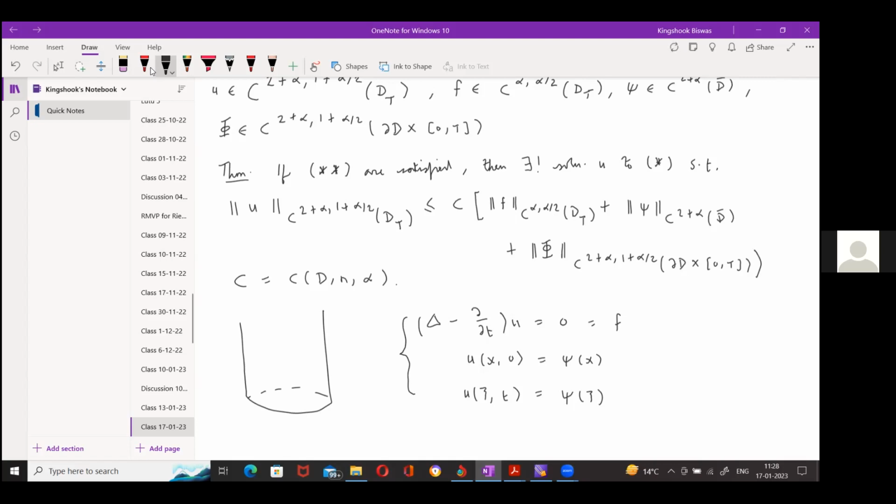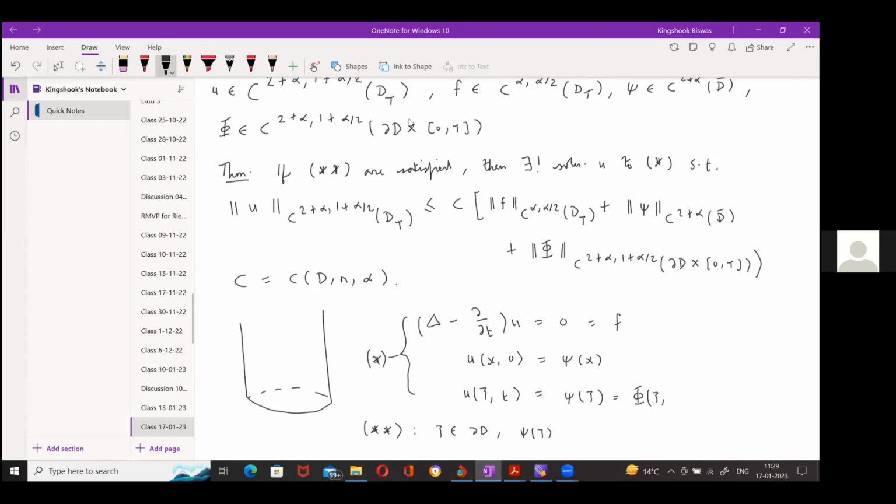So this is my star, and my compatibility conditions double star are, for xi in the boundary of D, I need that psi of xi is equal to my capital phi of xi, t.